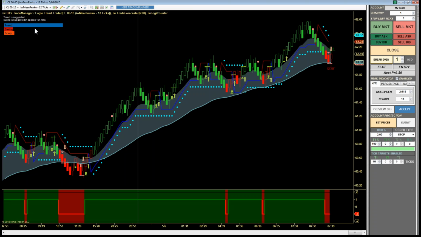So you can see our trade forecaster saying that crude oil is going to be in trend mode for another 100 minutes, another better part of an hour and a half. So that tells me that I can be on the lookout for minor pullbacks and hopefully a little bit more follow through.